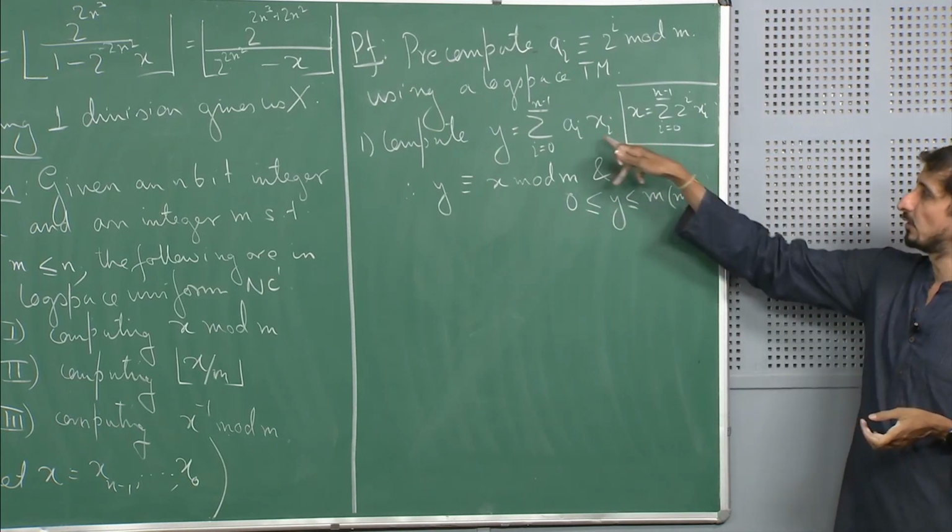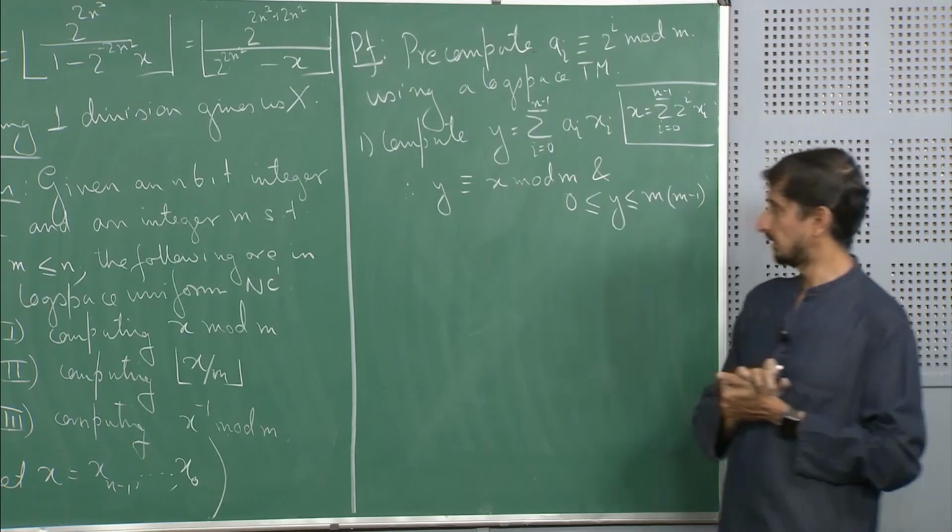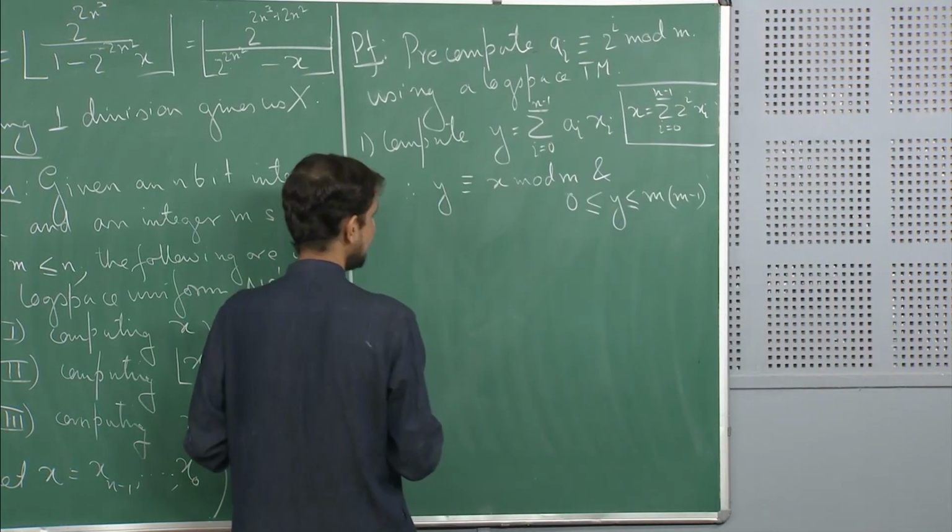Each x_i is either 0 or 1. So, this is the value of y.